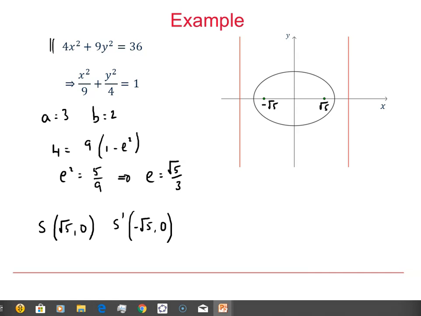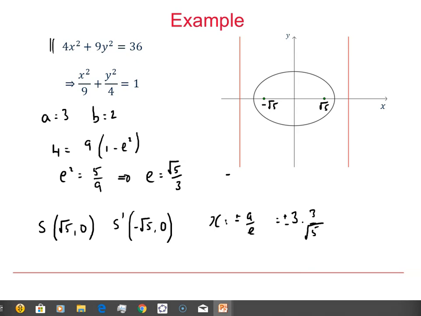The directrices, x is equal to plus or minus a over e, and that gives us 3 multiplied by 3 over root 5, sorry, beg your pardon, 3 divided by root 5 over 3, so they're at 9 over root 5, plus or minus.